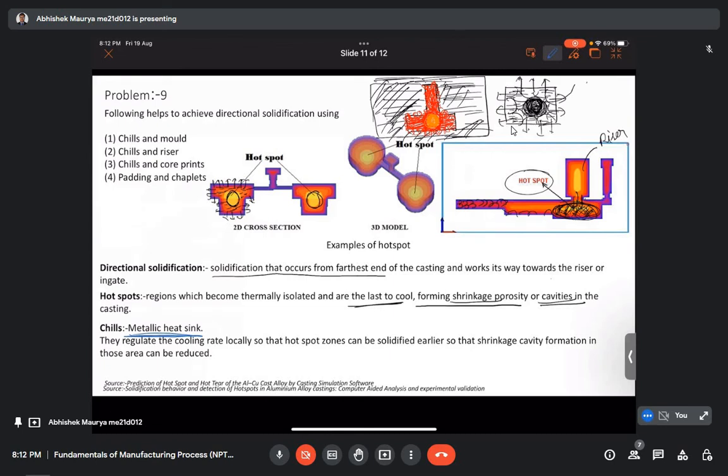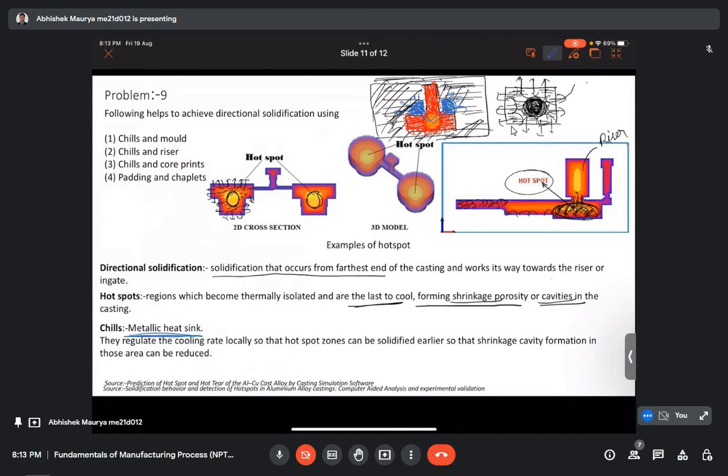One of the good ways to remove the heat is by providing chills. They extract heat from here to here, and throw it away from the hotspot zone.